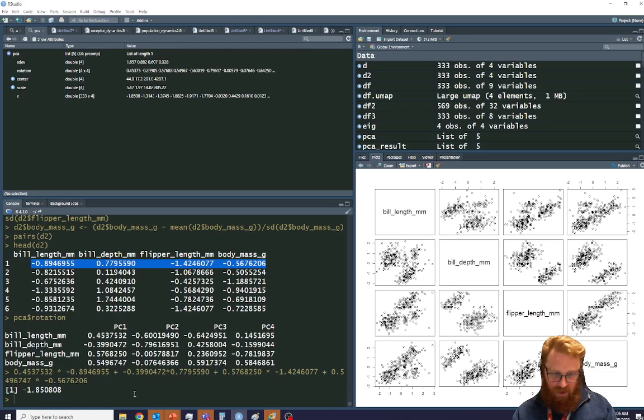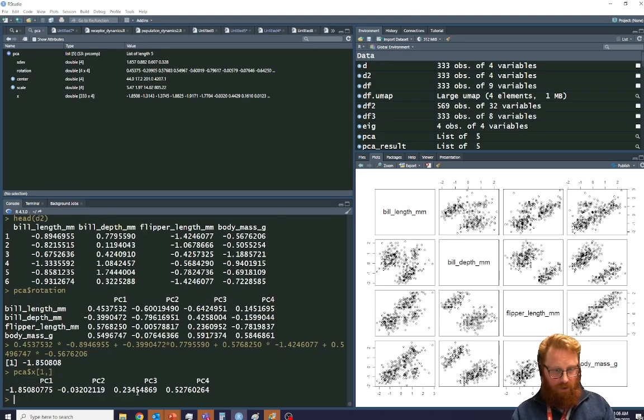And we should be able to see that because if we go to our PCA $X and we want the first row, which is the first subject, there it is projected onto PCA1. PCA1 gives us minus 1.05, and that's what we calculated manually by looking at these loadings.